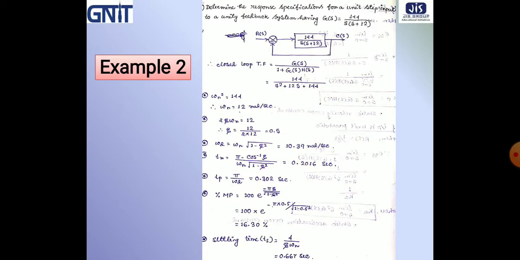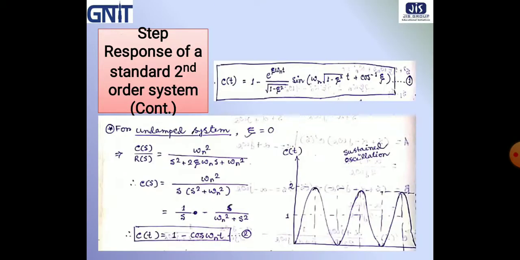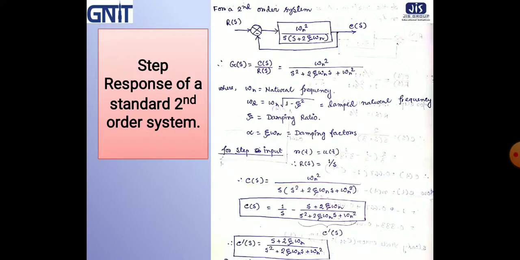Now we compare this equation with a standard second order system, that is omega n square divided by s square plus 2 zeta omega n s plus omega n square.